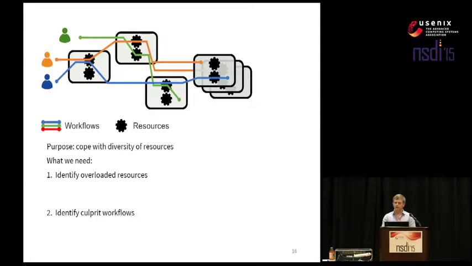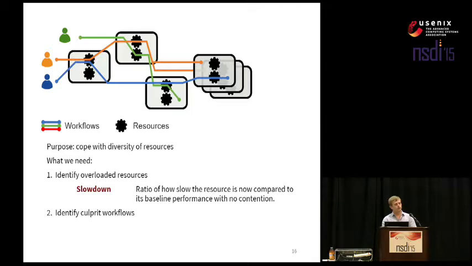So our resource abstraction captures these with two metrics. First, to identify congestion on resources, we have the slowdown metric, which says how slow the resource is now compared to its uncontended baseline performance. All we need from slowdown is to identify overload, not necessarily to be precise. Second, in order to attribute congestion to workflows, we have the load metric. Load helps us divide resource consumption among the workflows to determine who is responsible for the congestion.